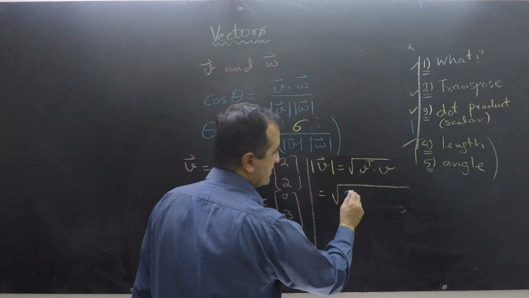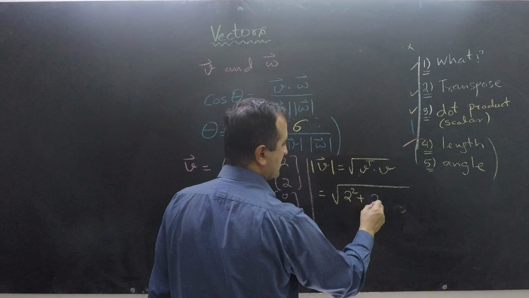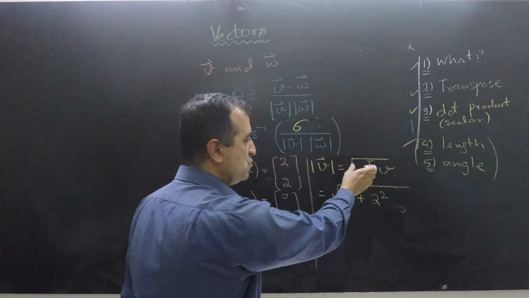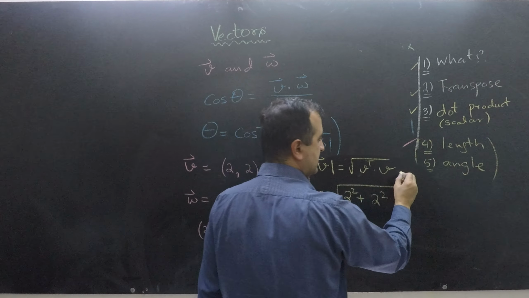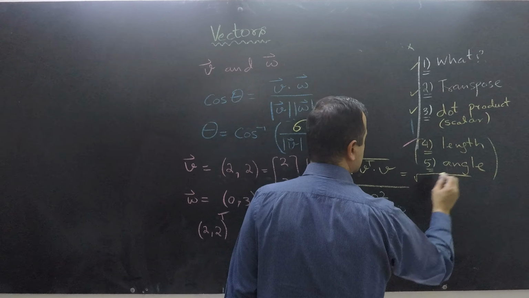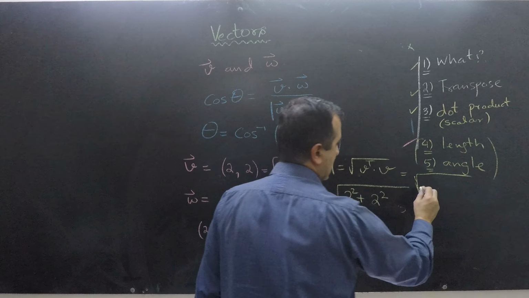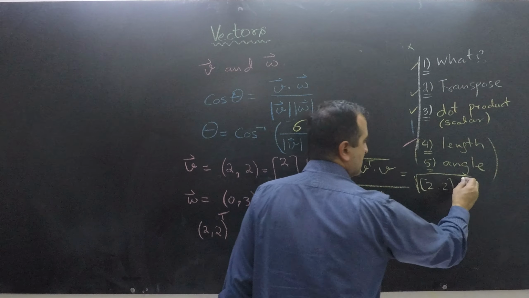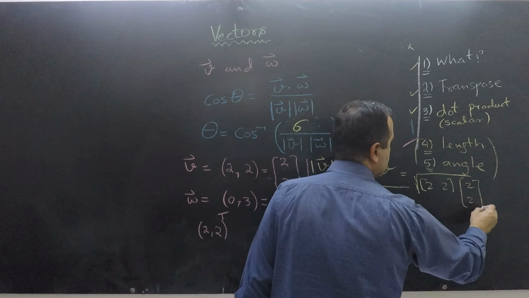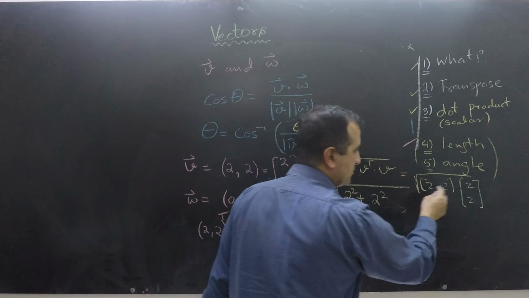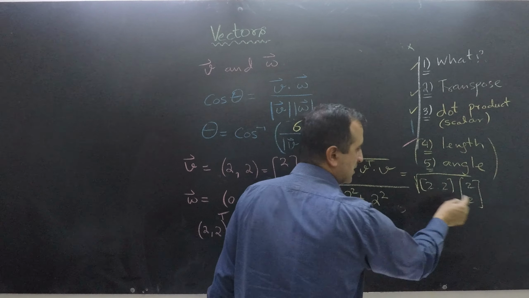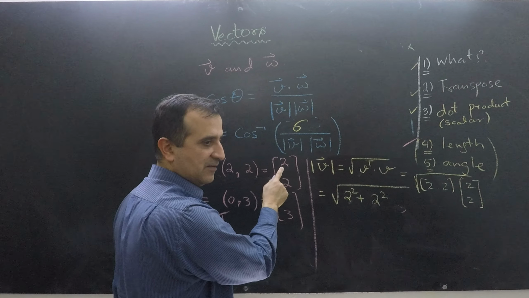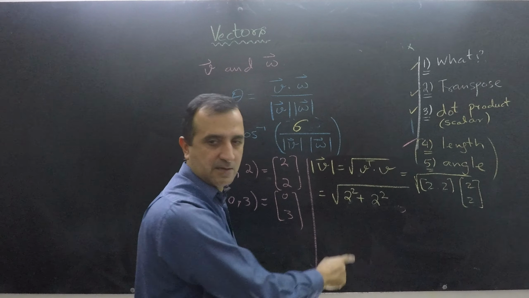You can see that these two are equivalent, because if I take the transpose of V, I get 2, and multiply it with this 2, my answer is 2 times 2 plus 2 times 2. So this is the shortcut method: square of the first plus square of the second, and then the whole square root.